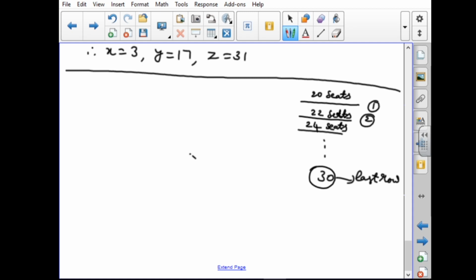How many seats are there in the last row? So, we have to continue the process like this; how many seats will be allotted in the 30th row, that is the question. The last row means here the 30th row. So, you have to write the statement for the 10th sum.